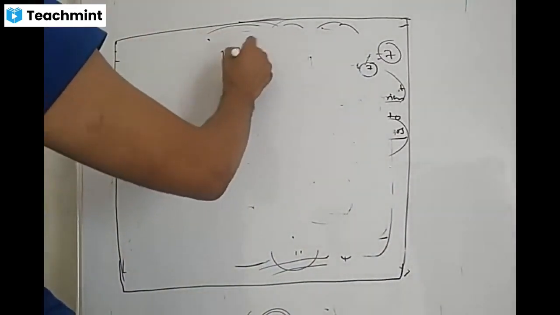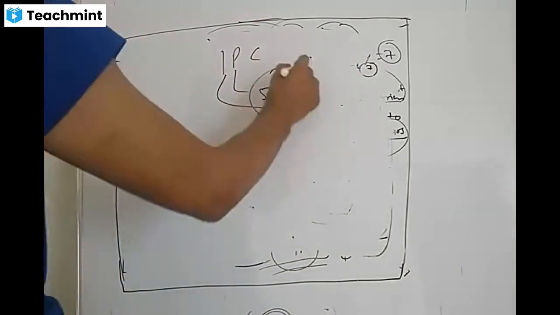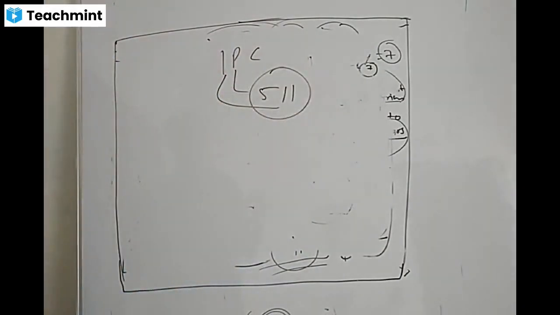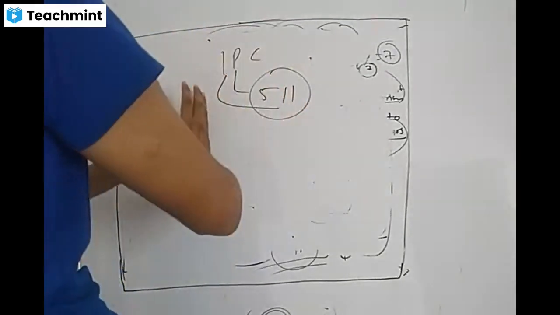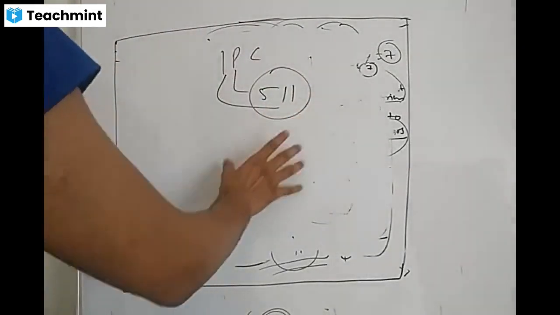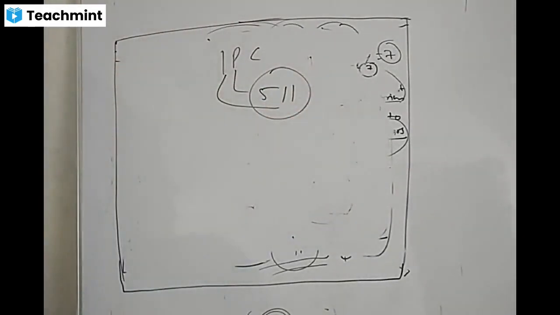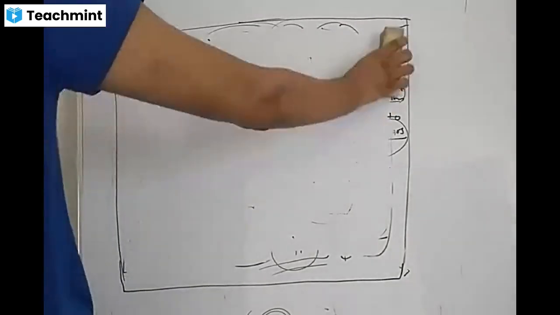So this is your IPC, P for your 5 and I for your 1. So 511 sections are there. So this is an introduction of IPC where we have definitions and we have punishment. Both are written in the form of your sections. And 511 total sections are there.